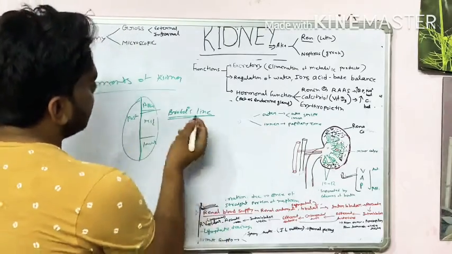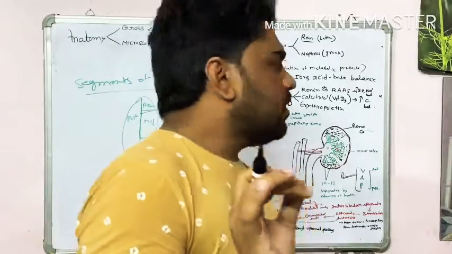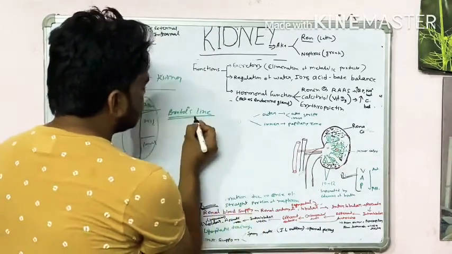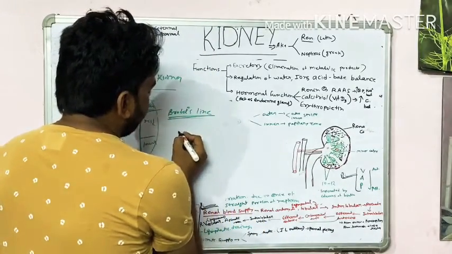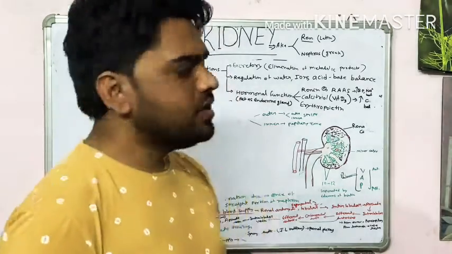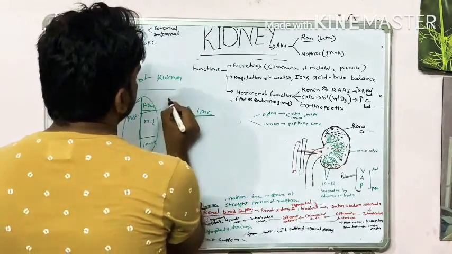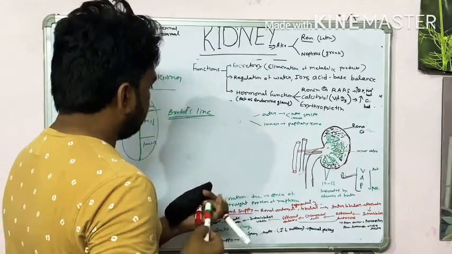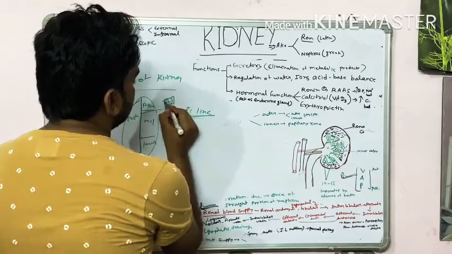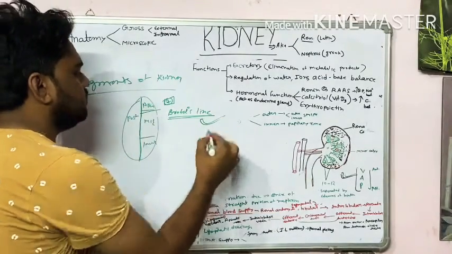In renal calculi or renal stone, we make an incision here in Brodel's line. This is the clinical correlation. Please give one incision here because this is the avascular region. You have to remember this thing, Brodel's line.